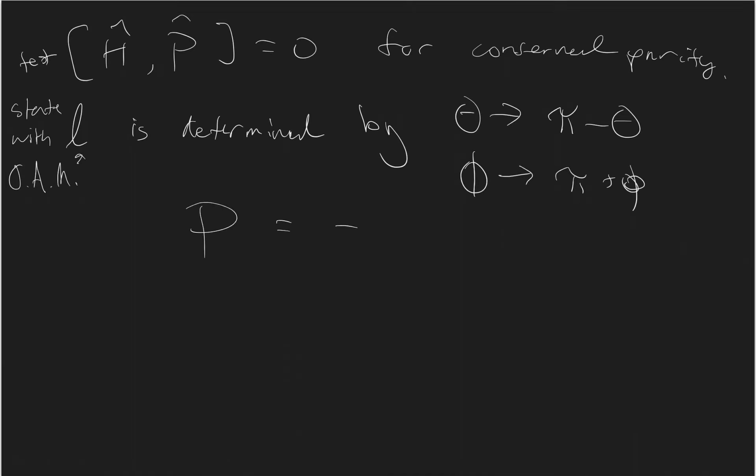This will lead to the rule, then, that the parity, or the inversion, of the state should give us -1 exponentiated to this orbital angular momentum. So the parity of the state is entirely dictated by the orbital angular momentum.